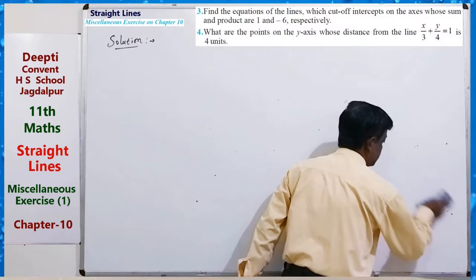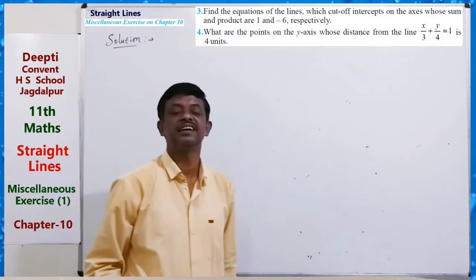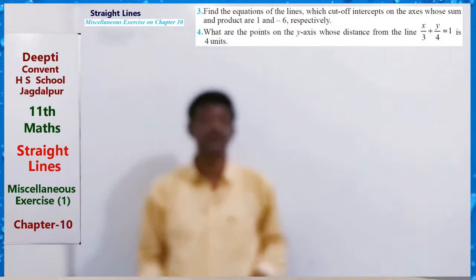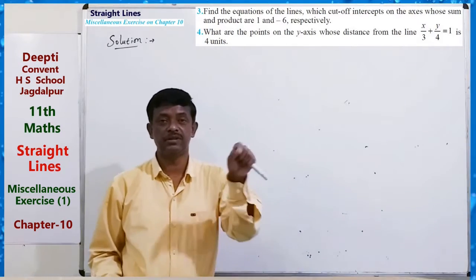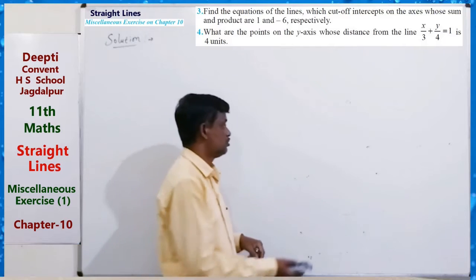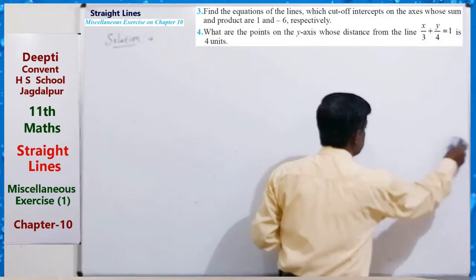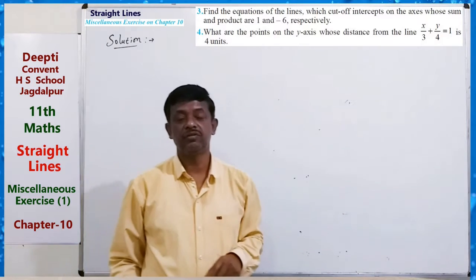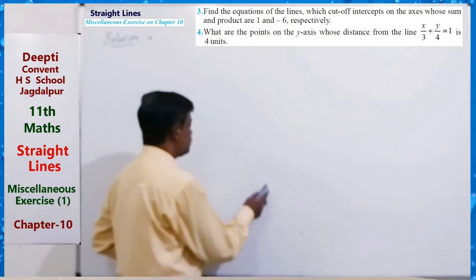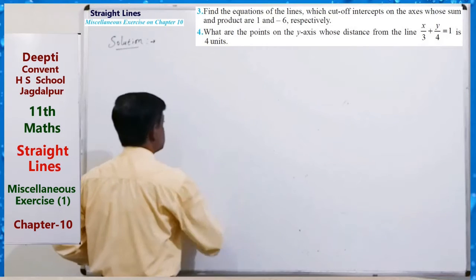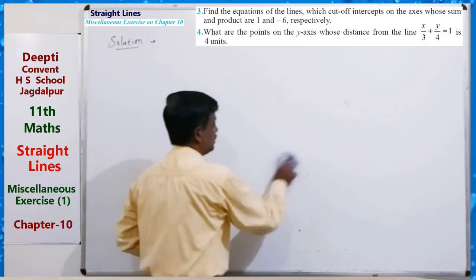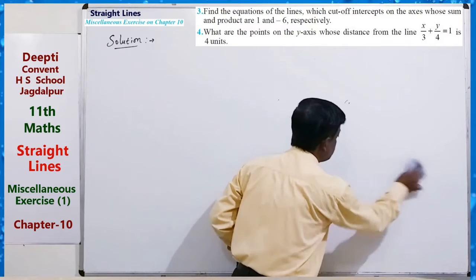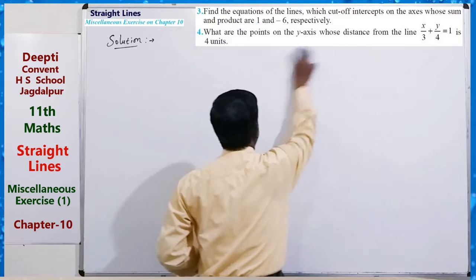If we know the x intercept a and y intercept b, then the equation of the line is x by a plus y by b equals to 1. So we have to find the values of a and b. Here it is given that the sum and product of intercepts are 1 and minus 6. That is, if the intercepts are a and b, then we can write a plus b equals to 1 and a into b equals to minus 6. Okay.